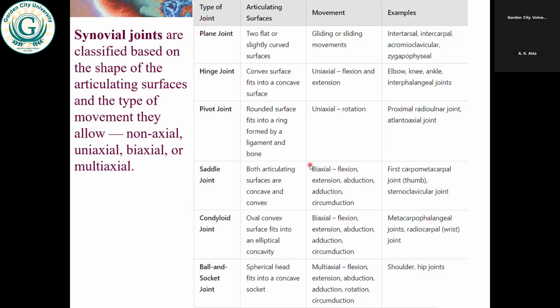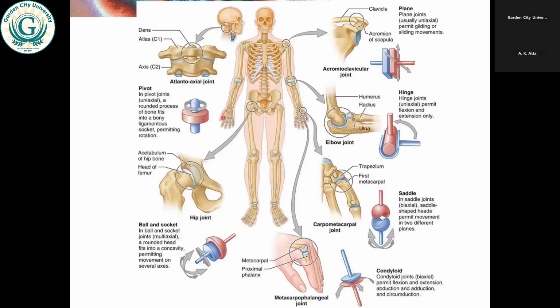Okay. So look at this one here. It's based on the shape of the articulating surface and the type of movement. If you look at here, there is a plain type of synovial joint.